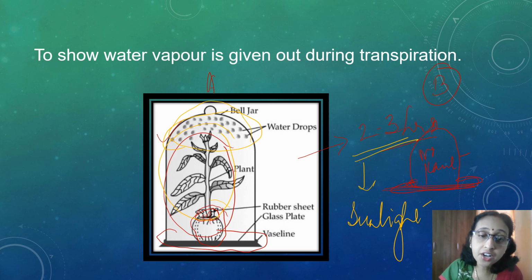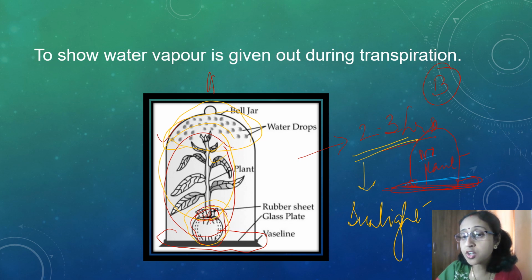We have already covered the potted plant, so no evaporation happened from the soil or the pot. Only from the aerial parts of the plant has the water vapor come out. So this proves that water vapor is given out during transpiration. But in this one you can see that this is the control jar.